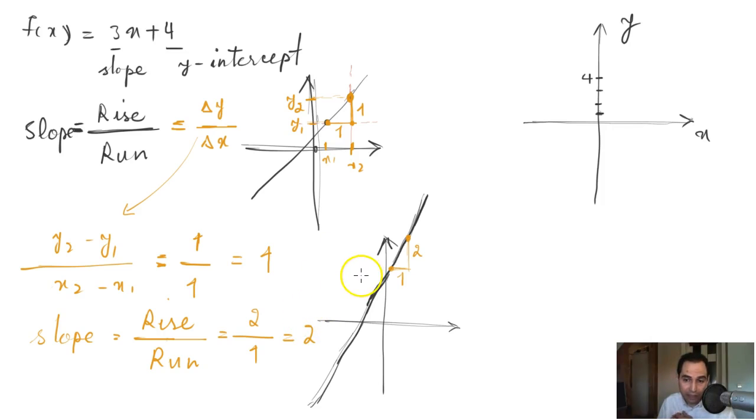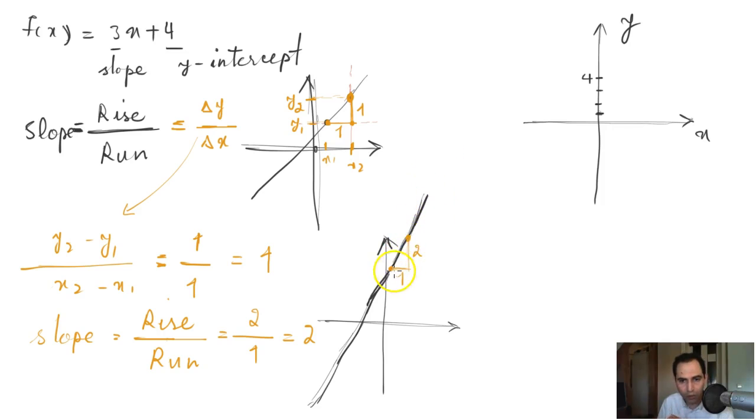So that tells me that for every unit increment in the input of the function, in x, I get 2 unit increments in the output of the function, and that is constant throughout the whole function because it's a straight line.